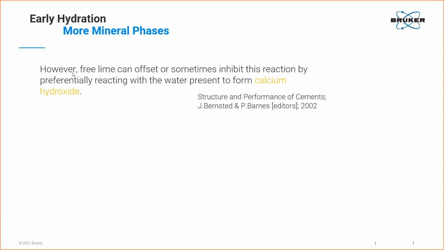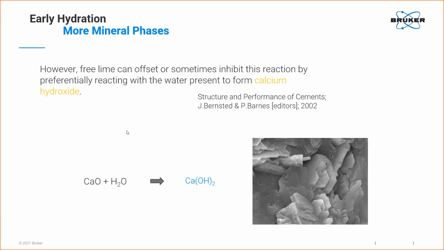However, free lime can offset or sometimes inhibit this early hydration reaction by preferentially reacting with water present to form calcium hydroxide. And the reaction formula is pretty easy. So the free lime plus water is reacting to calcium hydroxide.